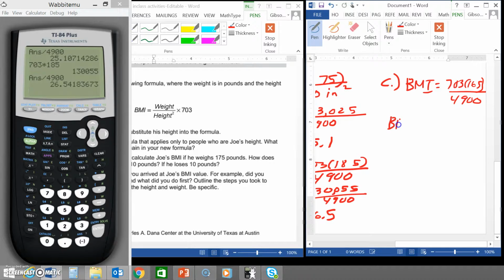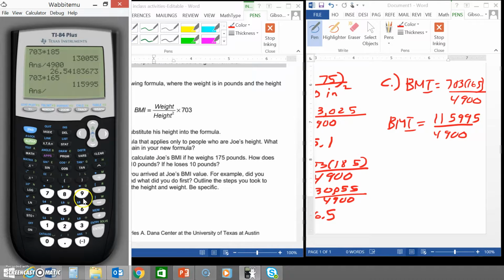So our BMI would equal, let's take 703 times 165, which would give us 115,995. Now when we divide this in our calculator by 4,900, this gives us 23.7. So it's approximately 23.7 is our BMI.